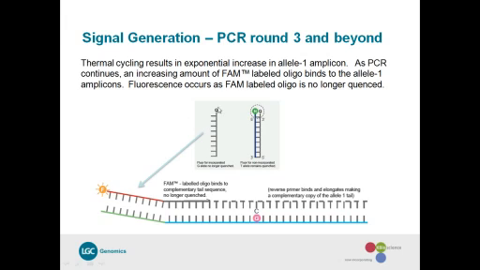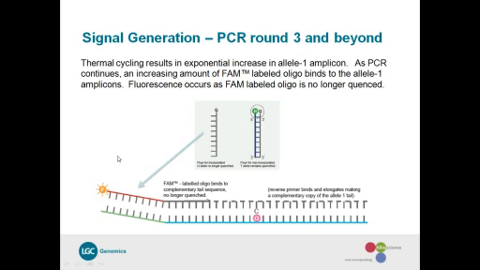It gets pulled off of its quencher, and it acts as a primer going forward. And because it's removed from its quencher, it's now fluorescing. So as the PCR reaction goes along through each succeeding cycle, you're going to see your fluorescence increase, and that's going to be an indicator of what allele the DNA has in that location.